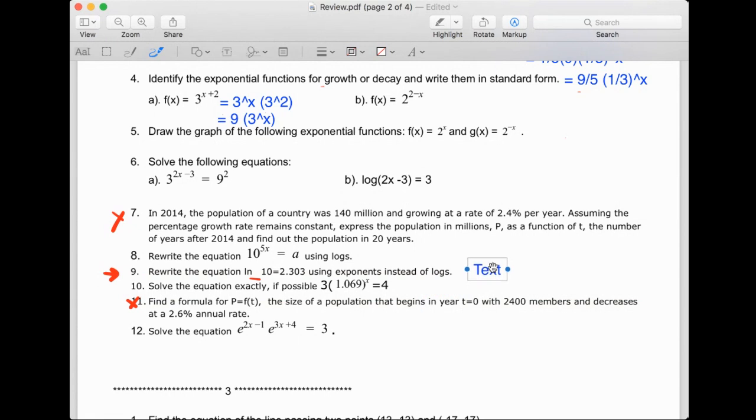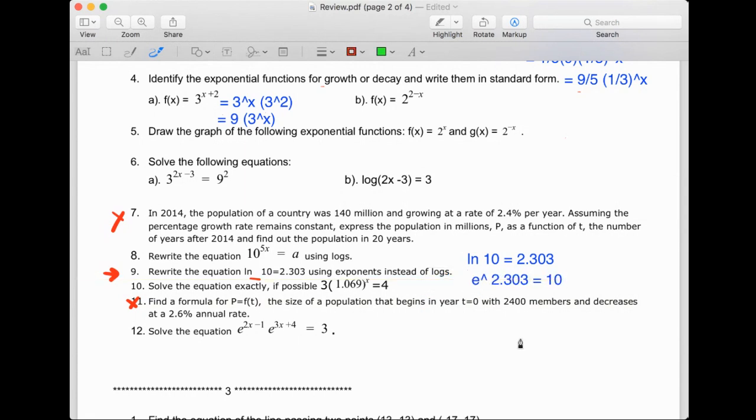Oh, okay. So ln 10 equals 2.303. What's the base of this log? 10. No, the base of this log is e. This is a natural log. Oh, okay, yes. And e raised to 2.303 equals 10.